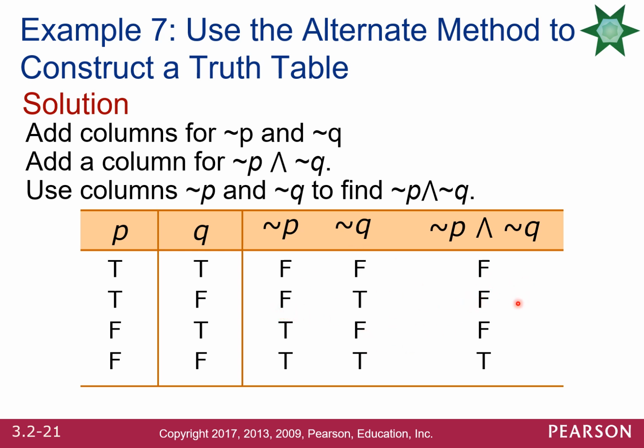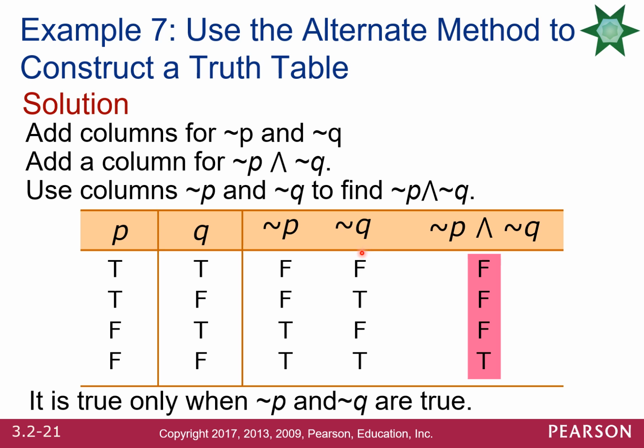So FT is F, TF is F, and TT is T. And the final answer is FFFT. So that appears now in the last column. So the final answer using the alternate method appears in the last column, whereas using the previous method, it appeared somewhere in between not P and not Q, wherever the AND construct was placed.